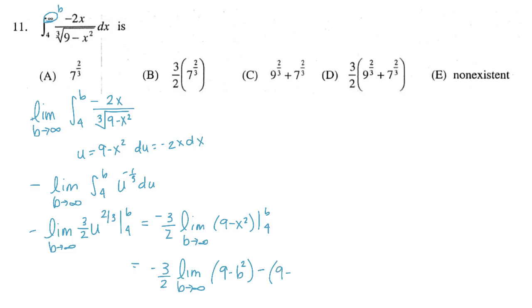Okay, so looking at this, notice b is increasing without bound, and then we're going to square it, so it doesn't look like we're going to get a limit value there, so it looks like my answer should be E.